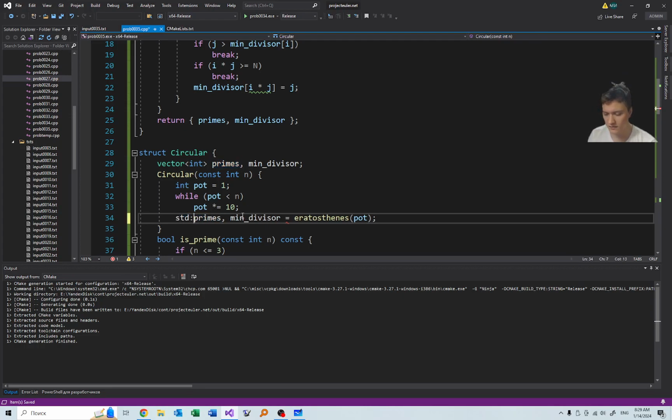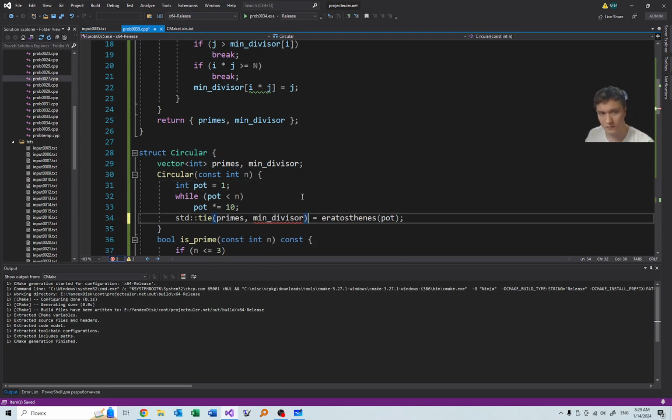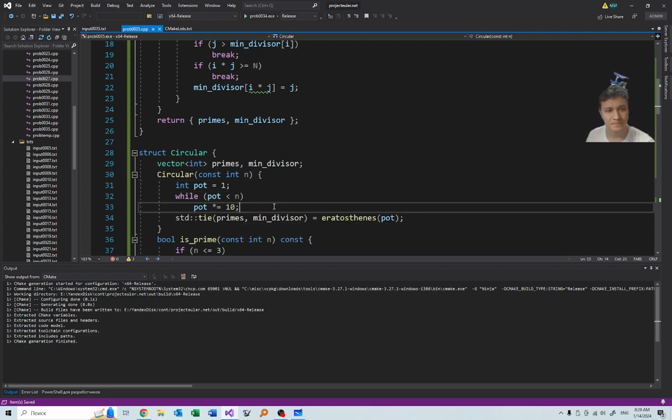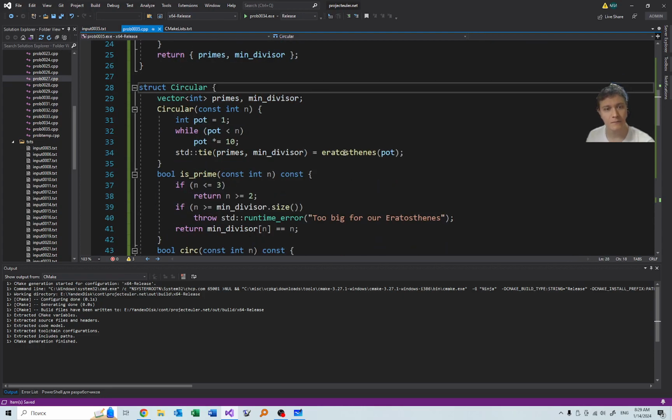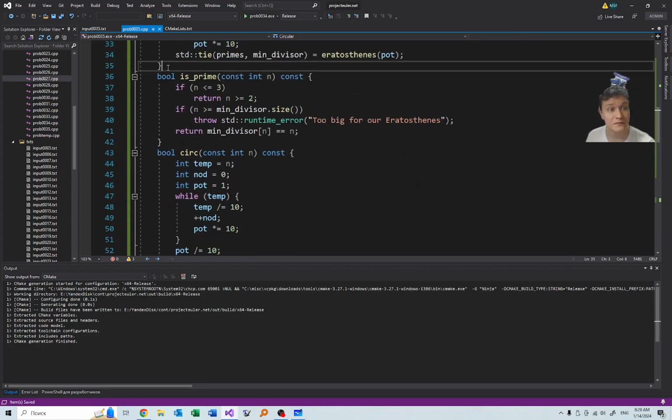Can I do it like this? Is it possible? Wow, it worked. Since it worked, I enjoy this because this means that C++ is not the worst language possible.